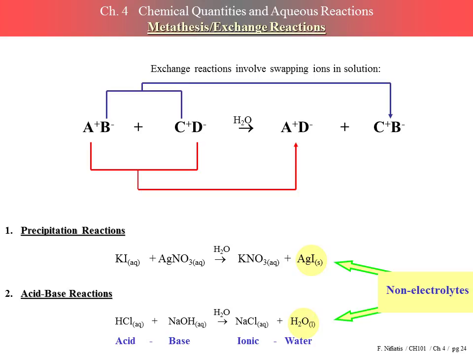These are what we call the driving forces. Basically, they pull ions away from the solution. The formation of this pulls away from the solution the silver plus and the iodide, while the formation of the water pulls protons and hydroxide ions from the solution.